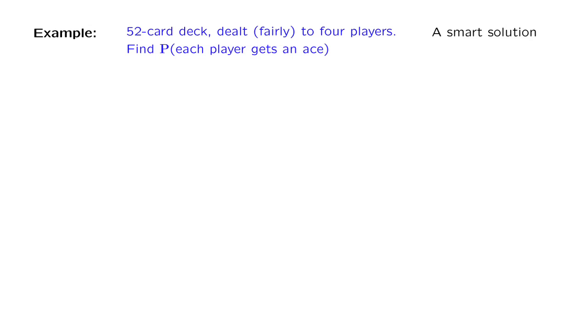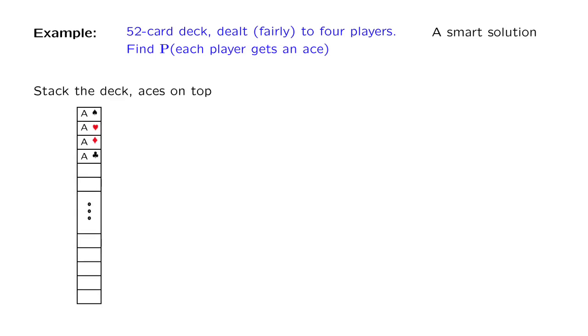We will think about a very specific way of dealing the cards, which is the following. We take the 52 cards, the card deck, and stack it so that the 4 aces are at the top, so they are first. And then we deal those cards to the players as follows.